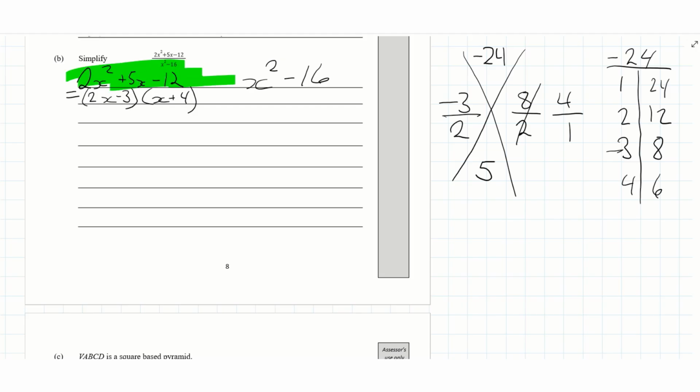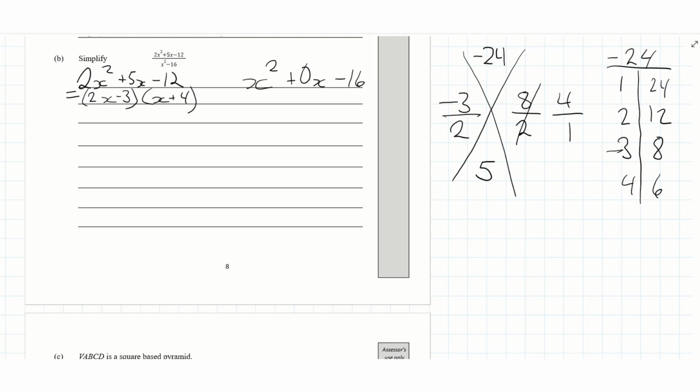It's got an x squared term, an x term, and a constant. This only has 2 terms, an x squared and a constant term. But in reality, there is actually a third term there. If we put our third term in, we've got plus 0 times x minus 16. 0 times x is just 0, so we don't actually write it in. But that does exist, it's just hiding from us.